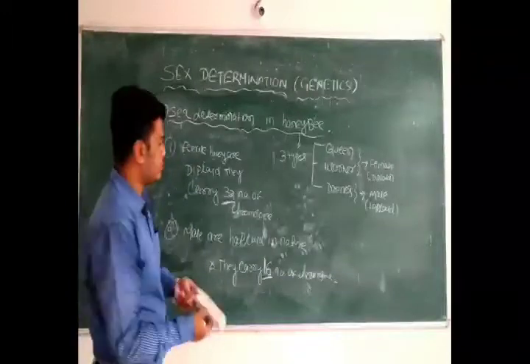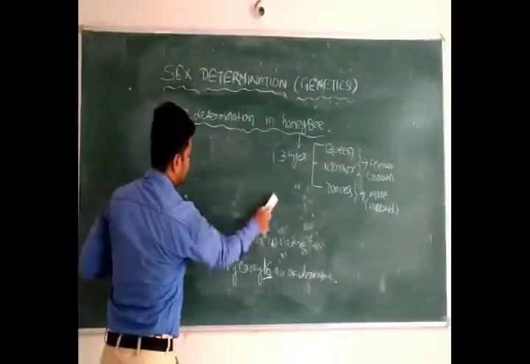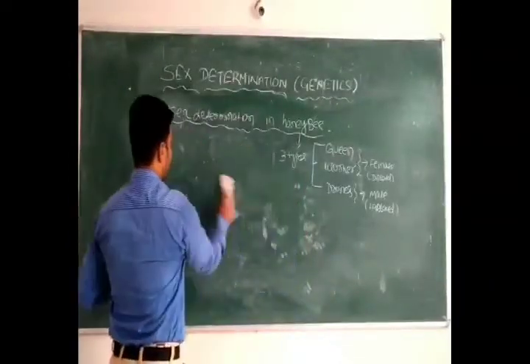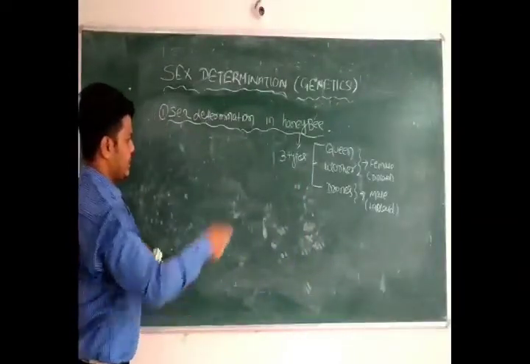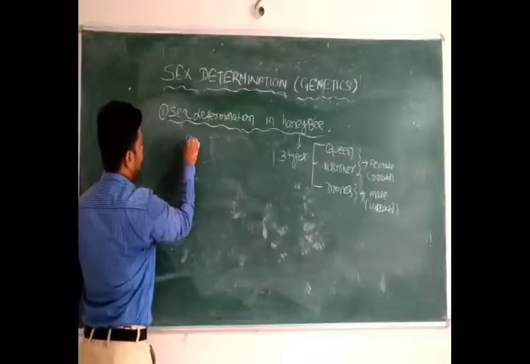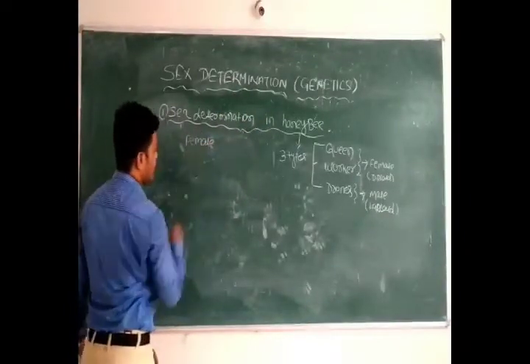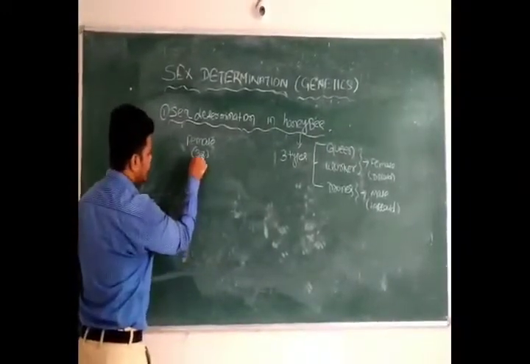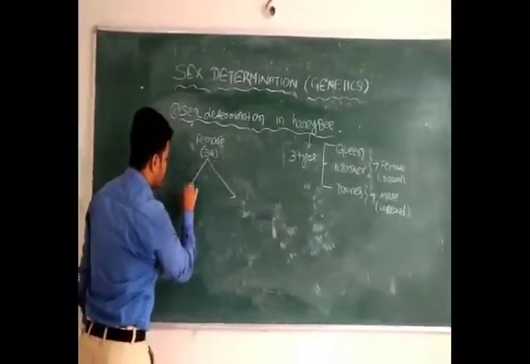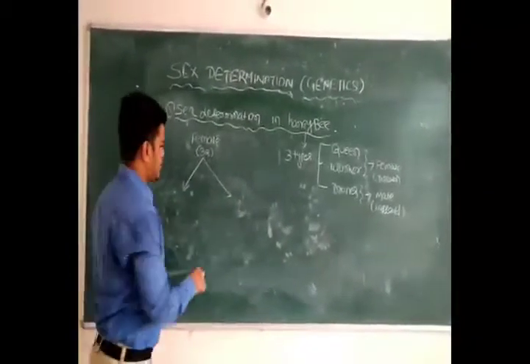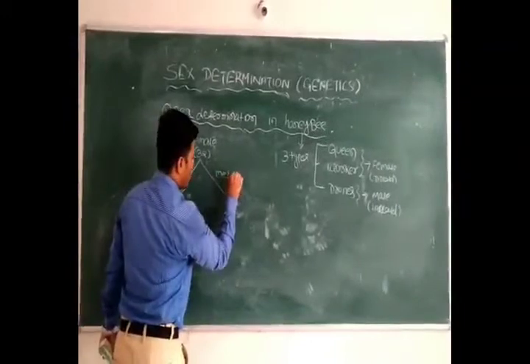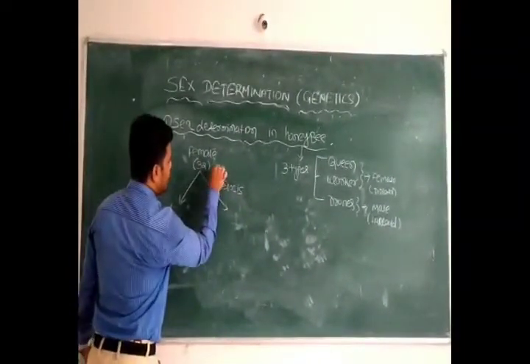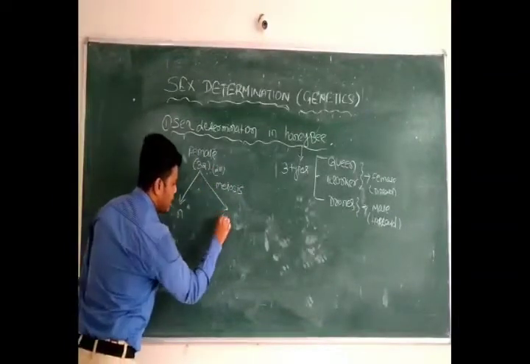So in this case we have discussed how sex determination takes place. In case of female, obviously they carry 32 chromosomes, so meiosis division takes place and the 2n number of chromosomes is converted into n and n.